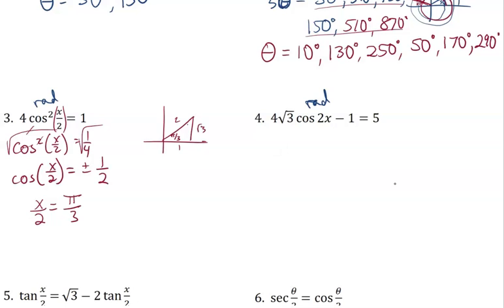So pi over 3 in quadrant 1, over here, it would be 2 pi over 3. Okay. Down here in this quadrant, if there's pi over 3 here, that's 4 pi over 3. And then over here, it would be 5 pi over 3. So we have 4 different options for x over 2.